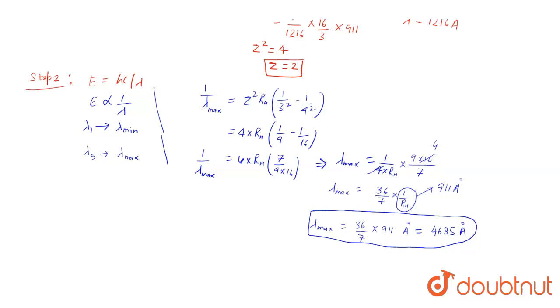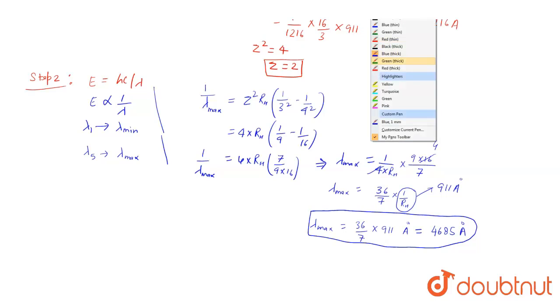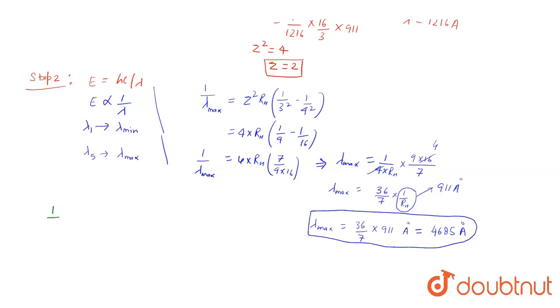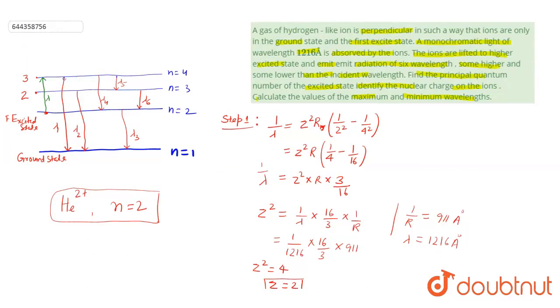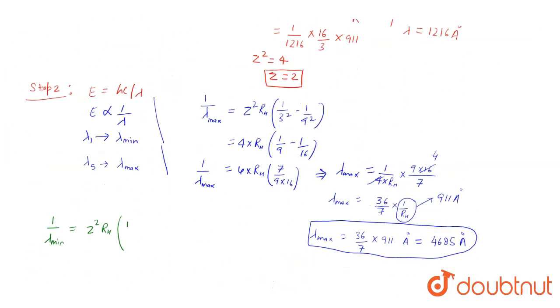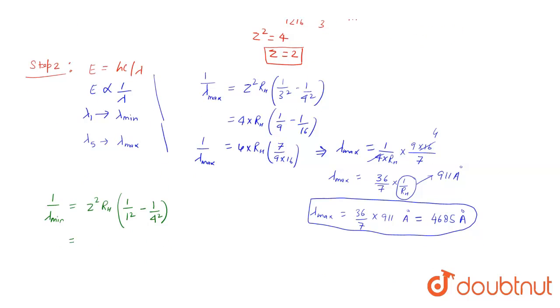Similarly, we can find out the lambda minimum. 1 upon lambda minimum is equal to Z square RH, and it is going from 4 to 1. That means it is 1 upon 1 square minus 1 upon 4 square. It is 4 into RH into 1 by 1 minus 1 by 16.